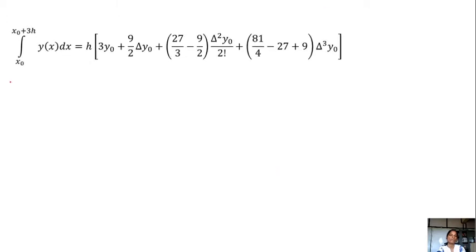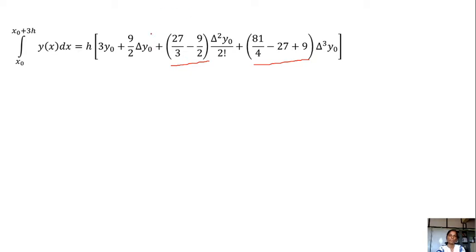So that becomes integration x0 to x0 plus 3h y dx is h outside, 3y naught plus 9 by 2 delta y naught plus 27 by 3 minus 9 by 2, delta square y naught upon 2 factorial, plus, putting n equal to 3, 81 by 4 minus 27 plus 9, outside of the bracket, delta cube y naught.